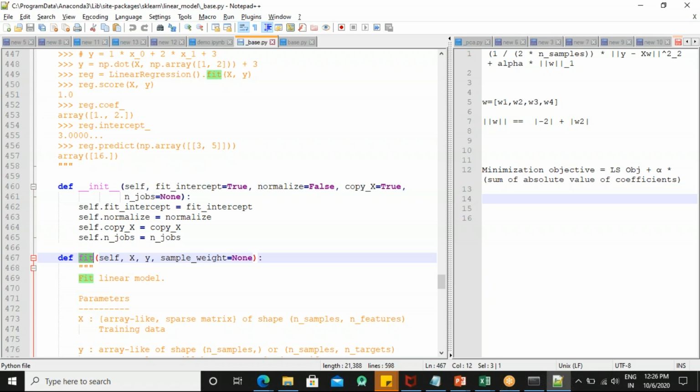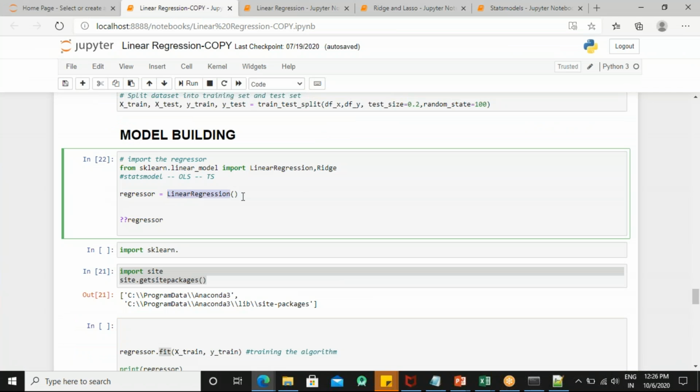You call the fit function separately, predict separately, right? But you never call this function. Why? Because this step automatically calls the constructor. What is the constructor? Double underscore init double underscore. Remember this. So this step is very important. Here you are creating an object of the class linear regression, and the default constructor is being called here.